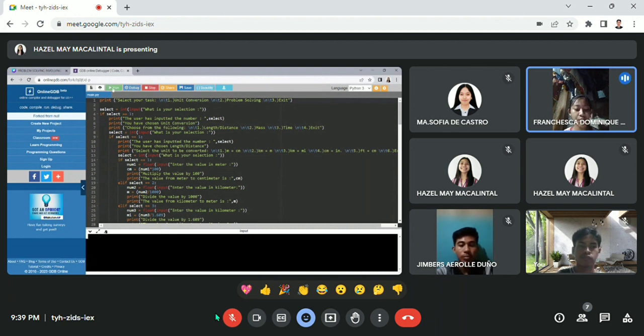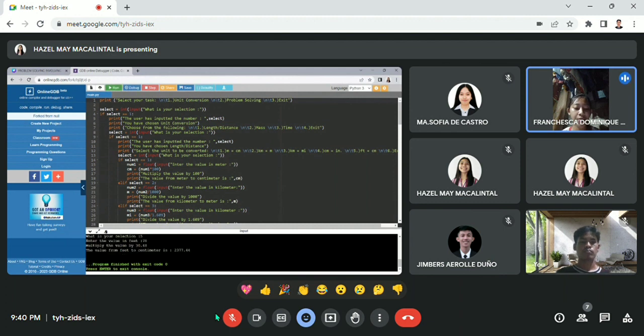If the user selects option 4, centimeter to inches, the program prompts the user to enter a value in centimeters and then it converts the value to inches by dividing it by 2.54 and keeps the result in the variable inches. If the user selects 5, the program asks the user to enter a value in feet and then converts it to centimeters by multiplying it by 30.48.